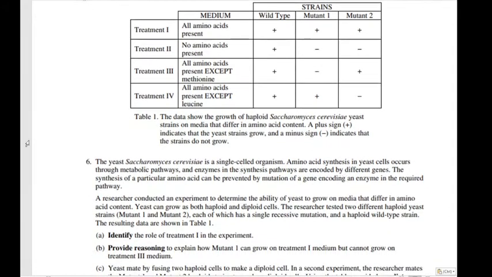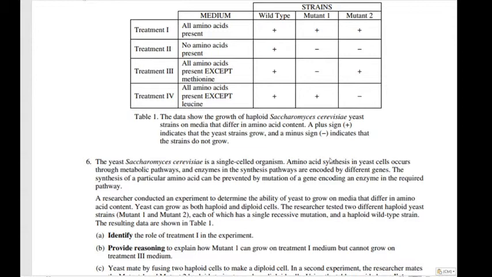So this one gives us a lot of data up front, and again, part of dealing with the AP exam is separating out the important information from the extraneous information. So I recommend, before you even start looking at the table, start reading what the question is actually about.